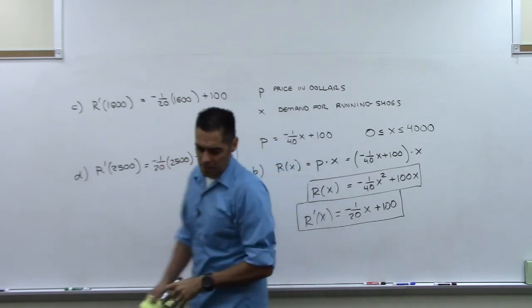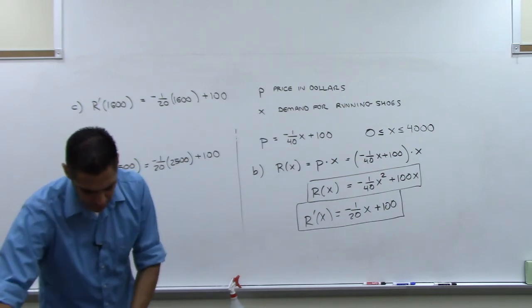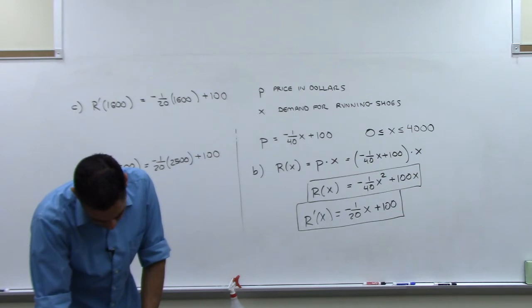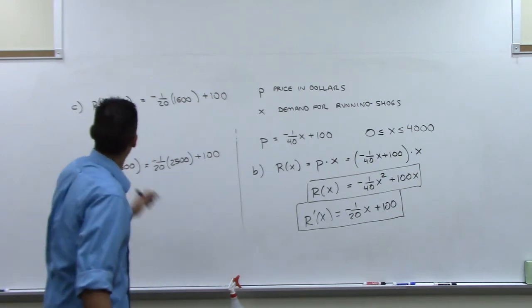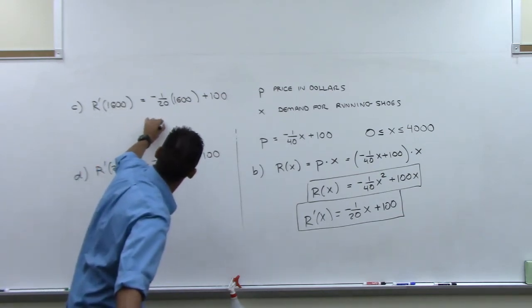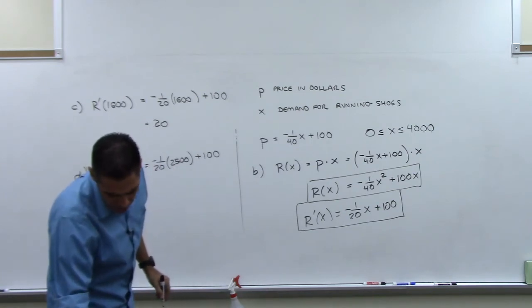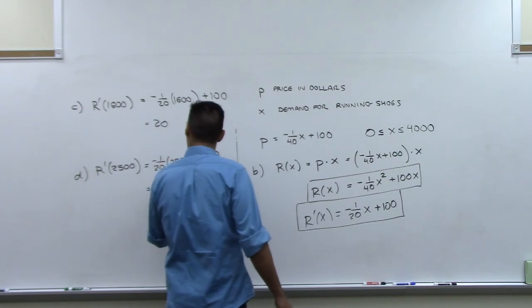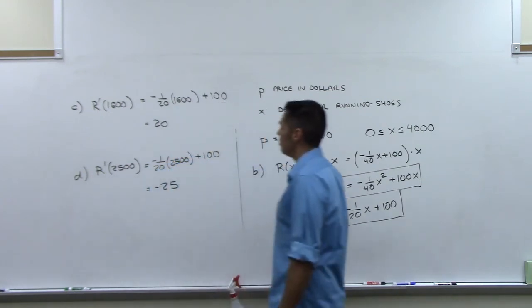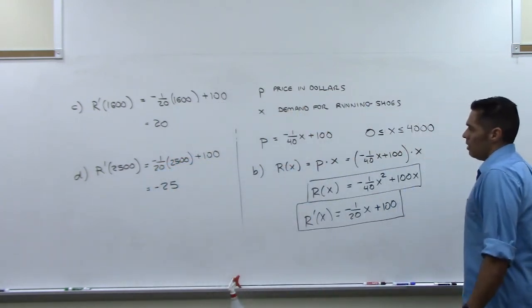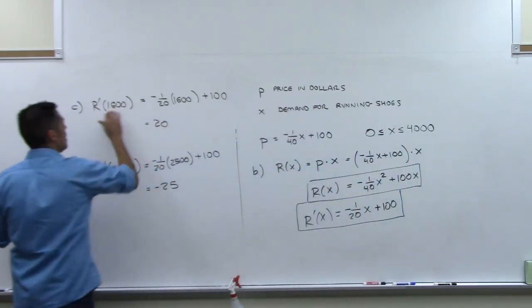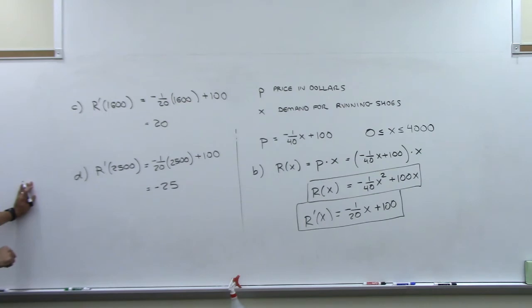And when I do that, I should get $20 for this one. And on the other one, part D, I should get negative 25. Okay, so let's interpret these results. If I sell 1,600 pairs of shoes, then my revenue is increasing.